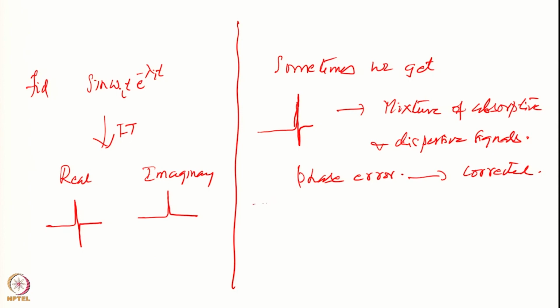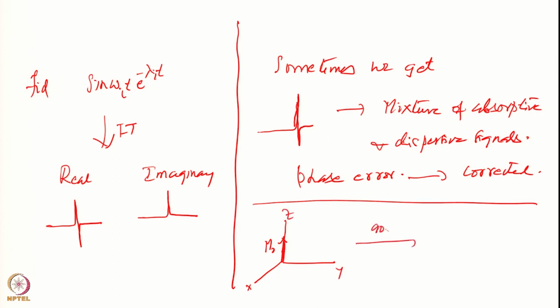As I explained to you, suppose I have the experiment done like this. I have the initial magnetization here, this is the M naught. If I apply a 90-degree pulse along the x axis which is exactly correct, 90x, then my magnetization will come along, let us say, the y axis.